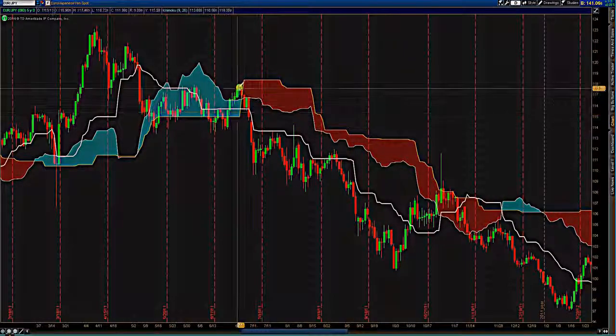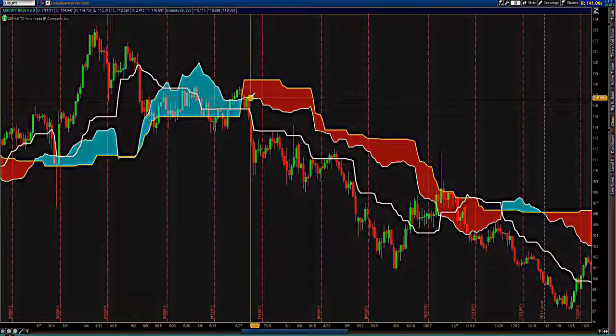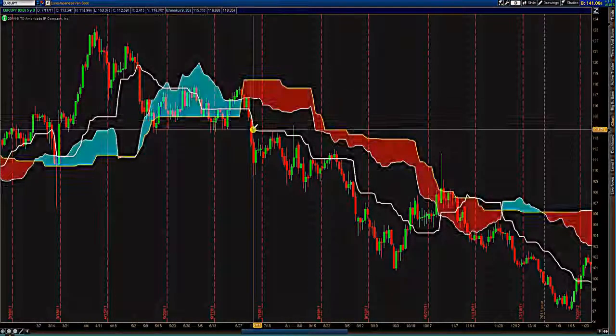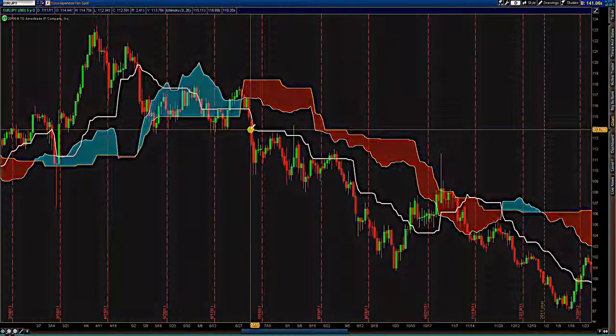Like I said, if price breaks below the Kijun and below the cloud, that gives me more reason to try to get short. It's breaking below 2 bearish support levels, in my opinion. So that's another good way to create your own trading style and trading plan.